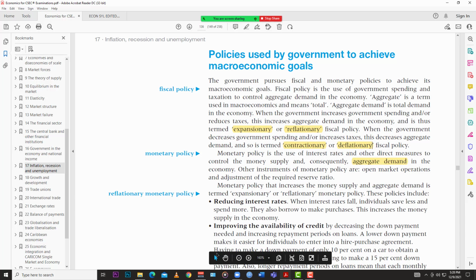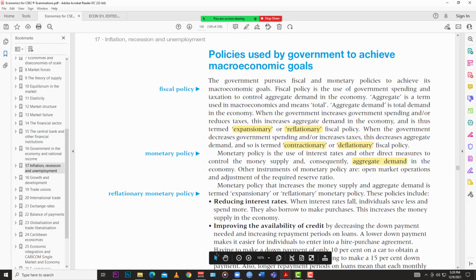And of course, the reverse is true. If they want to reduce demand, because maybe too many people are demanding everything, that can lead to inflation. We don't want inflation either, because if too many people are demanding a little bit of stuff, the price will be driven up. Government doesn't want inflation in the economy.